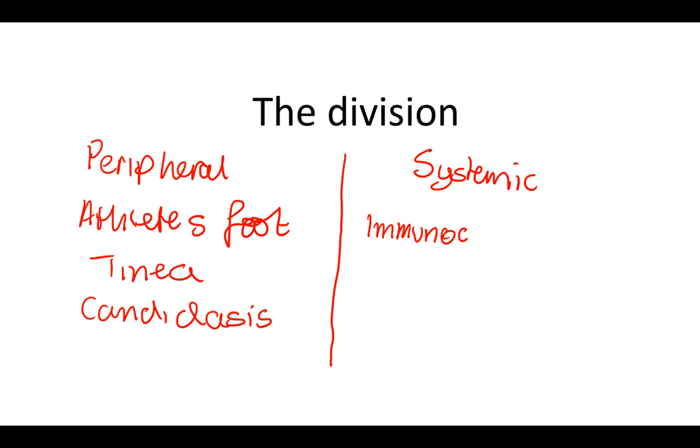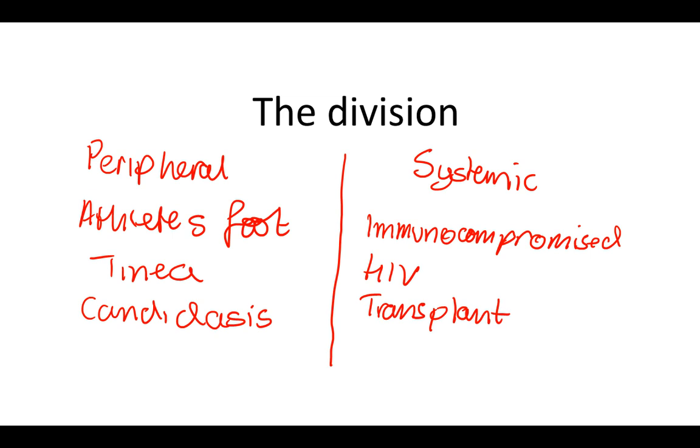The number of immunocompromised patients has really increased in the past 50 years or so, because of things like HIV infection, transplant medication, and also the large amount of autoimmune drugs that suppress the immune system. So drugs for rheumatoid arthritis, Crohn's disease, the infliximabs, the rituximabs of this world all affect the immune system. So that tends to be the two major divisions in the clinical presenting symptoms of the disease.